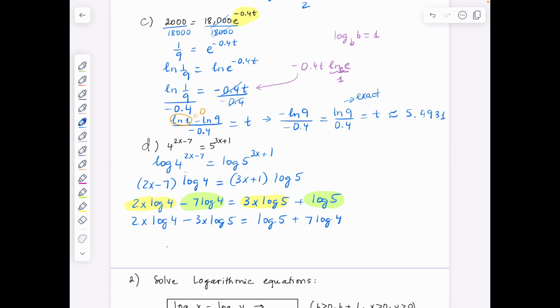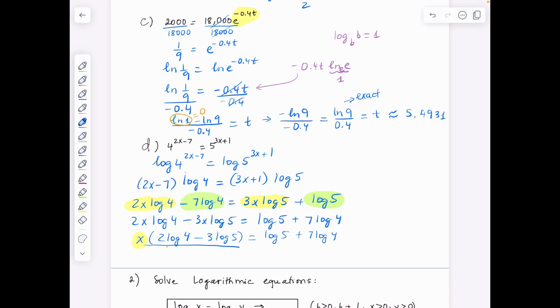Okay, to single out that x, I want to factor x. And then I have 2 times log 4 minus 3 times log 5 is equal to log 5 plus 7 times log 4. Now the x only appears in one spot.